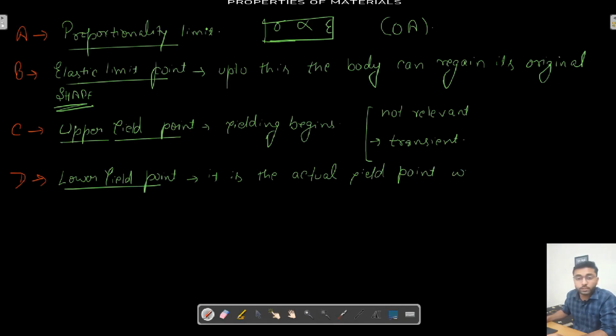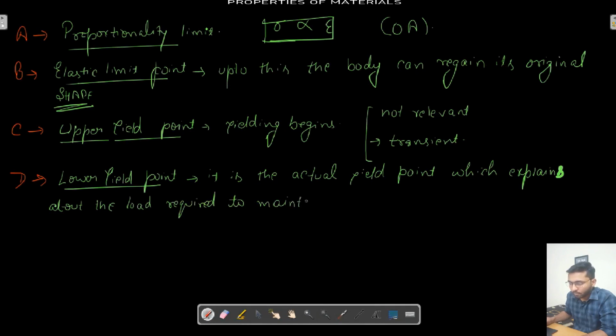Okay, what does this point explain? This point explains the load required to maintain the yield in its true characteristic of the material.